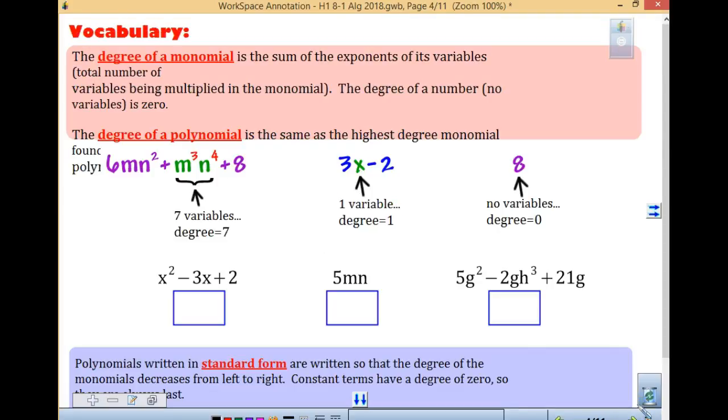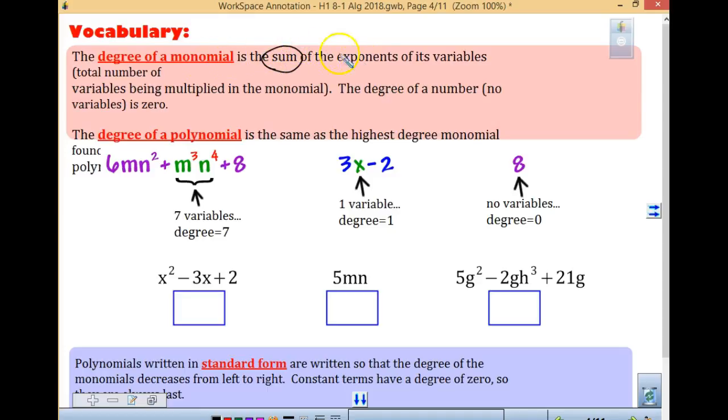As you look at that next part down in the notes, Soren, you want to read for us where it talks about the degree? The degree of a monomial is the sum of the exponents of its variables. Total number of variables being multiplied in the monomial. The degree of a number, no variables, is 0. So if we are looking at, again, that word sum comes up, right?